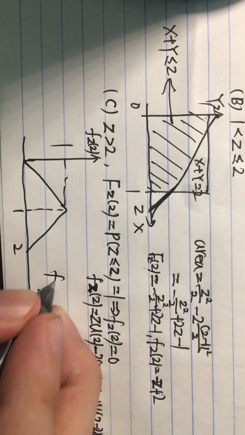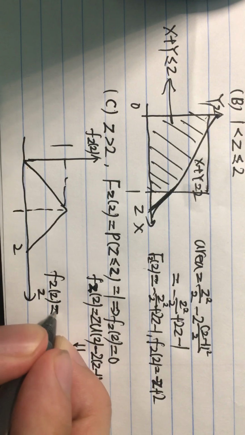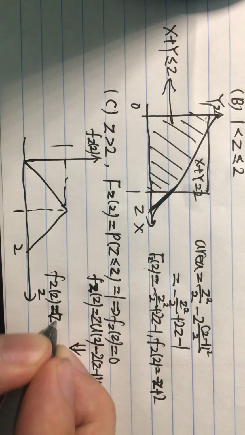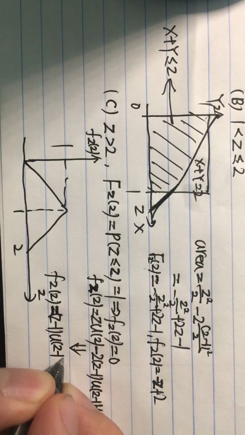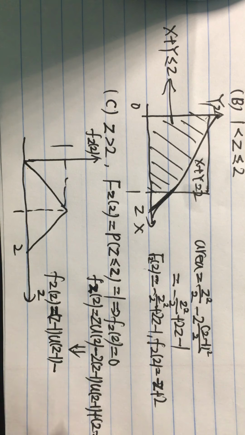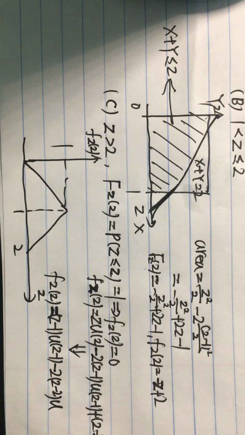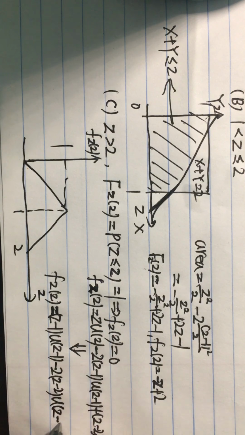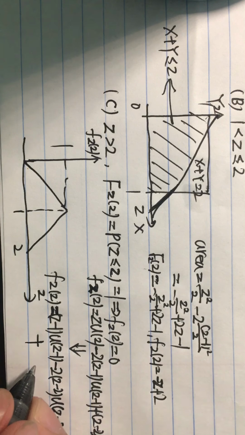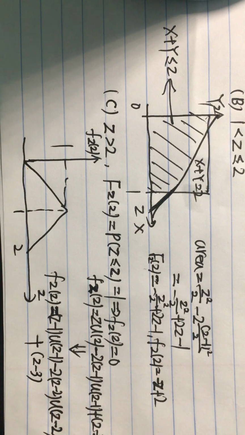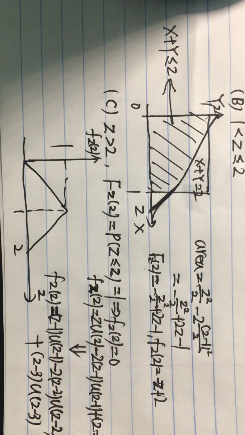So the density function of z equals (z minus 1) times step function (z minus 1) minus 2 times (z minus 2) times the step function (z minus 2) plus (z minus 3) times step function (z minus 3).